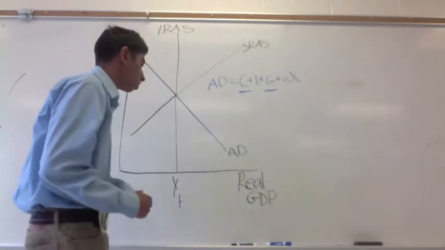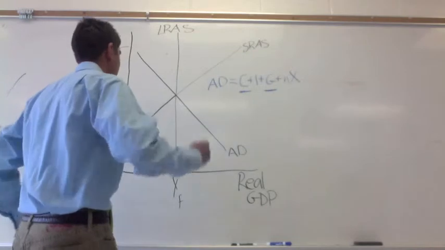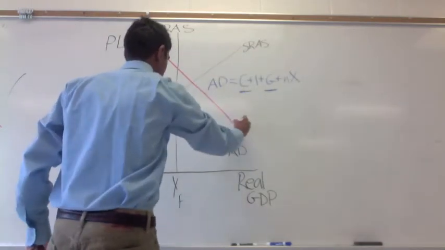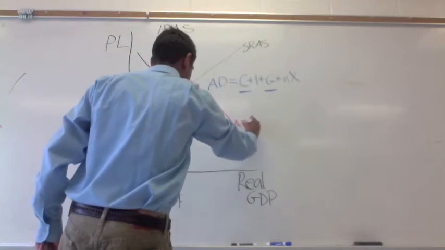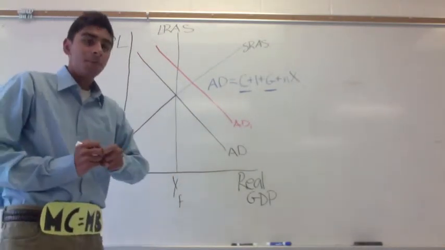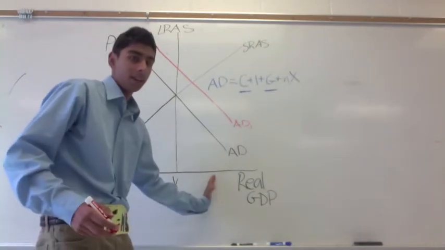And what this will do is it will increase aggregate demand. And when aggregate demand increases, you can see that there is a shift to the right. That is how the government can manipulate the economy to stimulate a higher GDP.